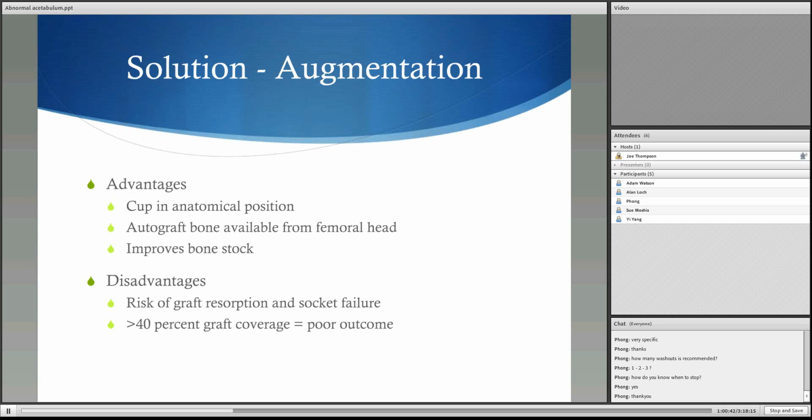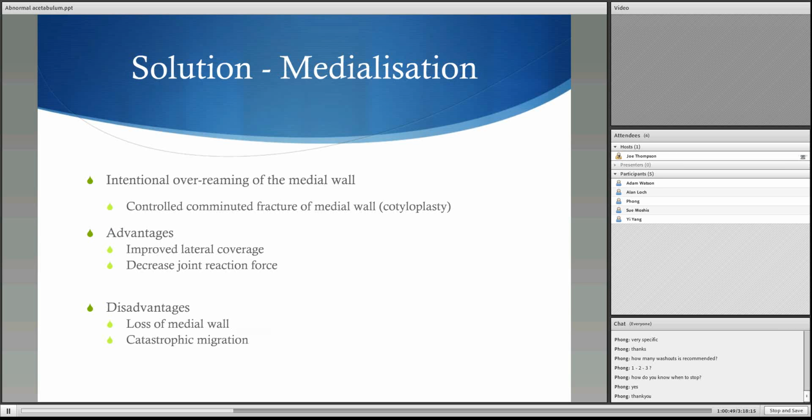Firstly, putting the cup in a high hip center. The advantages are that there's better coverage, there's better bone stock higher up, and it obviates the need for femoral shortening. The disadvantages are that quite often you need a small acetabular component, and it leads to abnormal biomechanics and can lead to early failure.